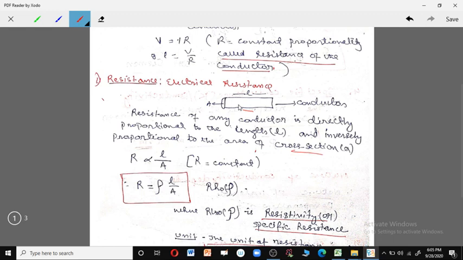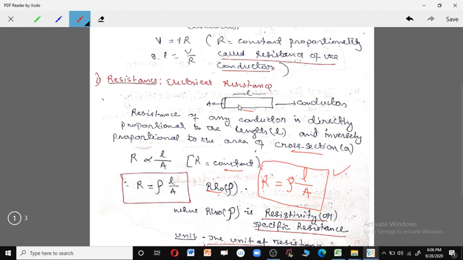So R is directly proportional to length and inversely proportional to area of the cross section, where rho is the constant. So R equals rho times length divided by area of cross section. This is the formula of resistance, right?